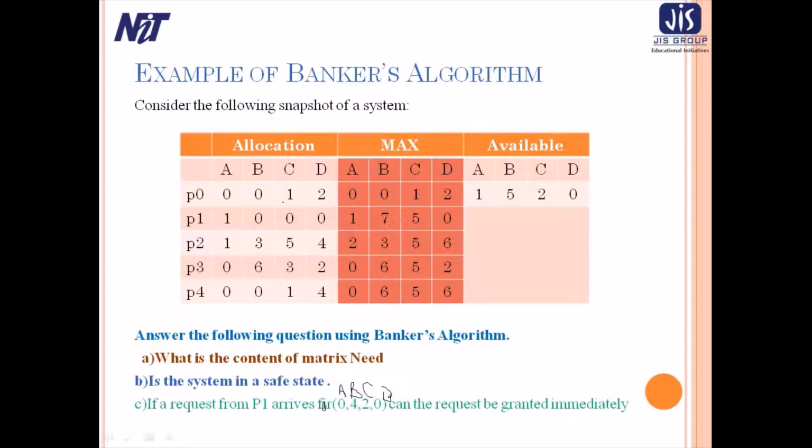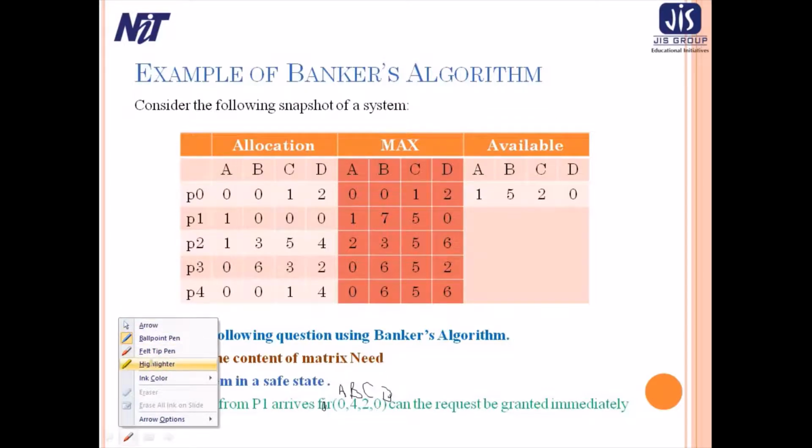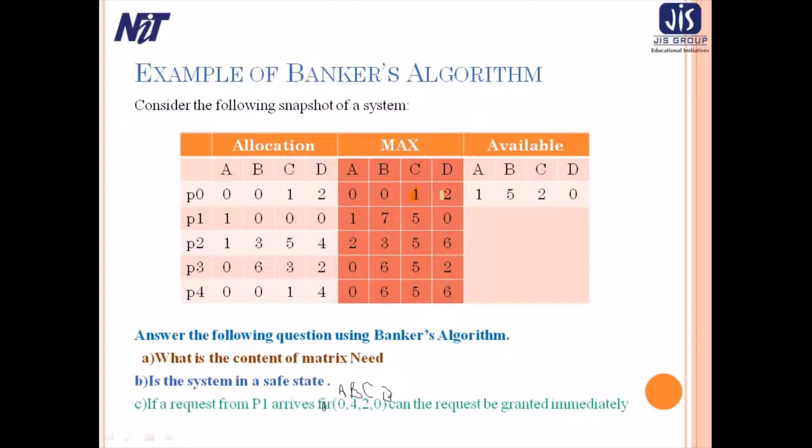For P0, the maximum demand is 0 instances of A type resource, 0 of B, 1 of C, and 2 of D. For P1, the maximum demand is 1 instance of A, 7 of B, 5 of C, and 0 of D. For P2, the maximum demand is 2 instances of A, 3 of B, 5 of C, and 6 of D. Similarly for P3, it needs 0 instances of A, 6 of B, 5 of C, and 2 of D.